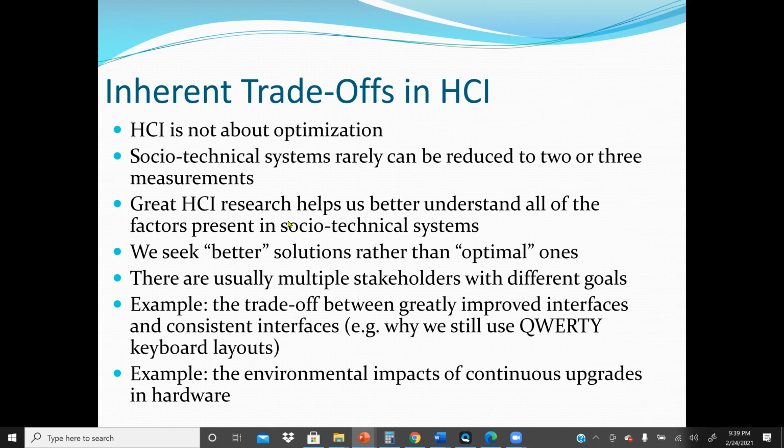Great HCI research helps us better understand all of the factors present in a socio-technical system. We also seek better solutions rather than optimal ones, and there are usually multiple stakeholders with different goals. An example is a trade-off between greatly improved interfaces and consistent interfaces. Another example is the environmental impact of continuous hardware upgrades.